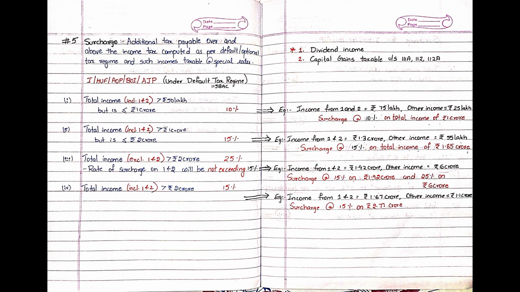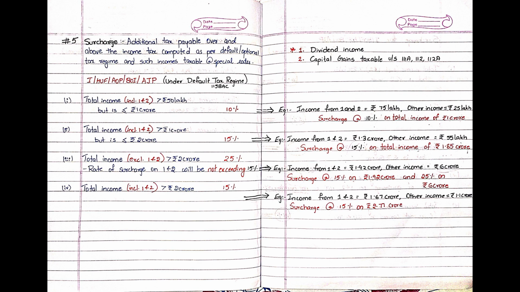The total income including 1 and 2, dividend income and capital gains taxable under section 111A, 112, 112A, if it exceeds rupees 50 lakh but is less than or equal to rupees 1 crore, then the surcharge is at the rate of 10%.